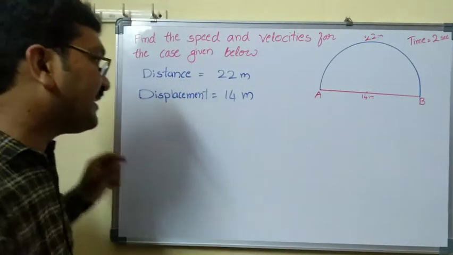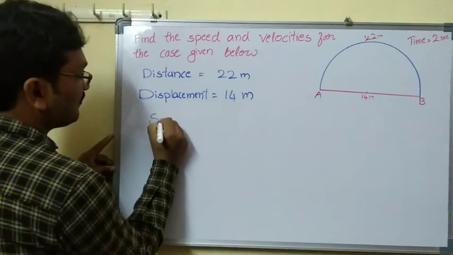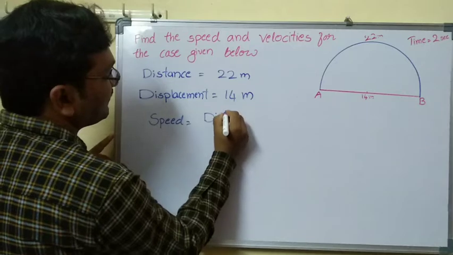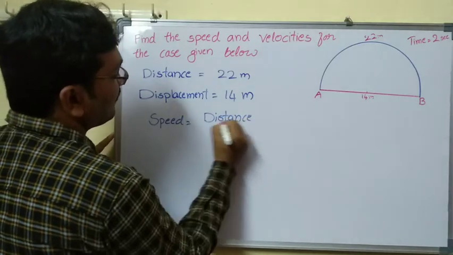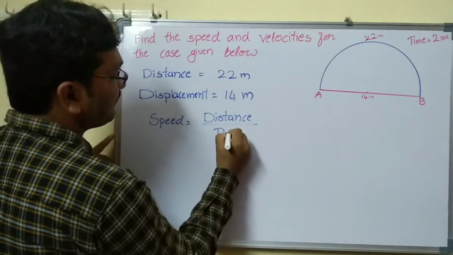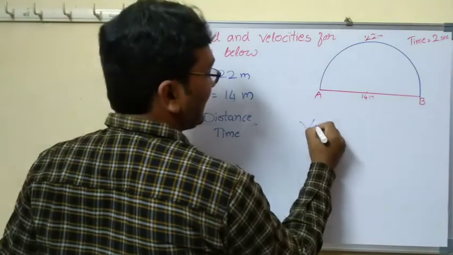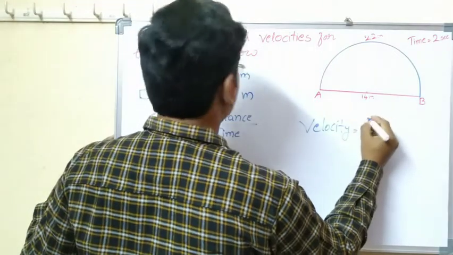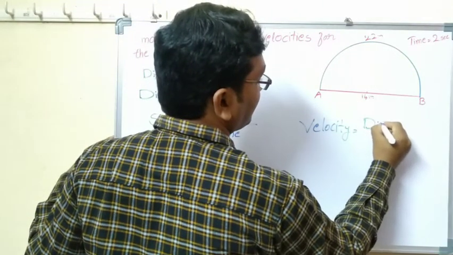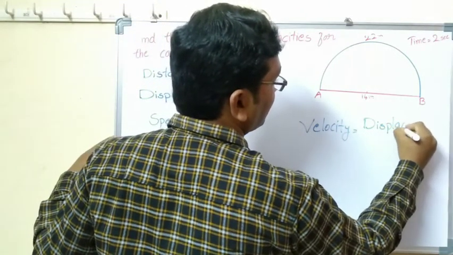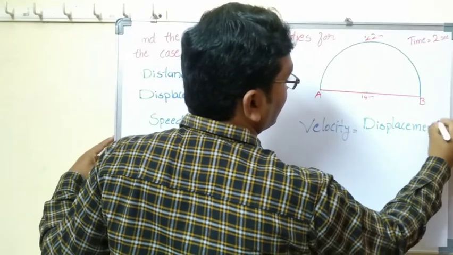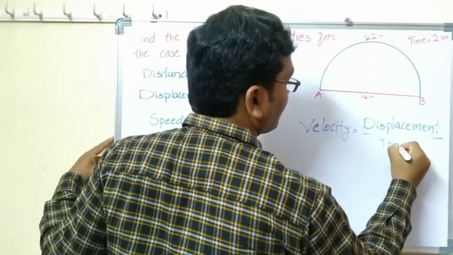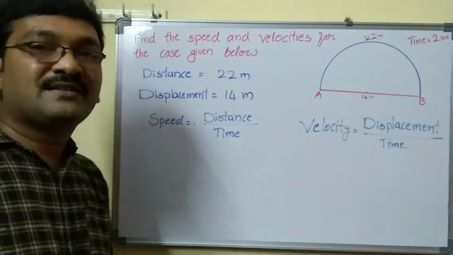Now we have to find the speed and velocity. Already we know the principle: speed equals distance by time. For velocity, it is displacement by time.